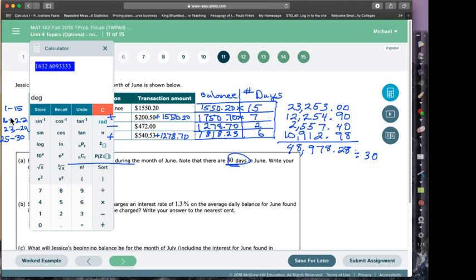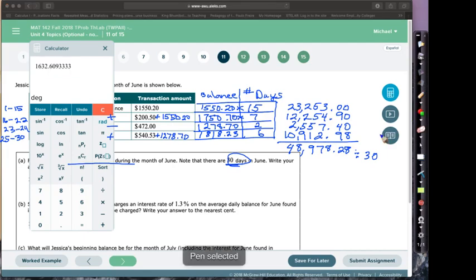And don't lose this total. This is very important. This is our average daily balance, and we don't want to have to do this again. Average daily balance was $1,632.61. We round at this point.